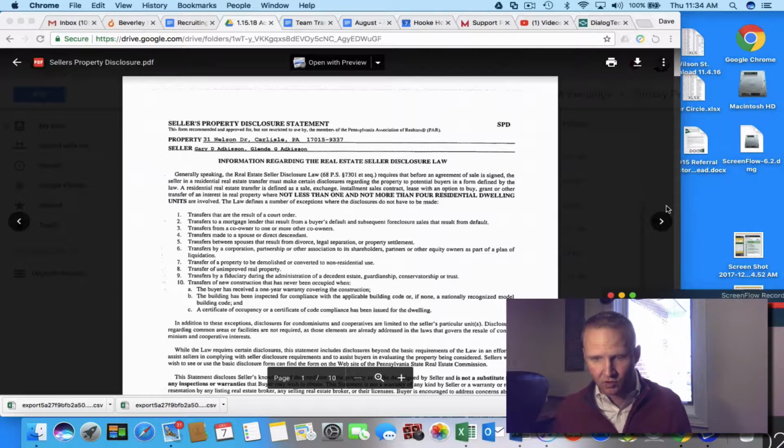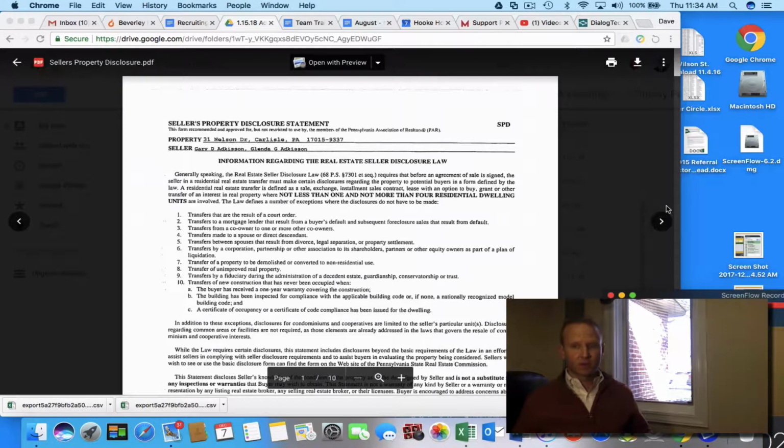The sellers, of course, were like, what? You're telling me that I'm liable to disclose anything that could ever be a problem with my house, and if I don't disclose that I could be held liable for it? The sellers were probably like, what if I forget? It's a house. I've lived here for 30 years. Stress, freak out.